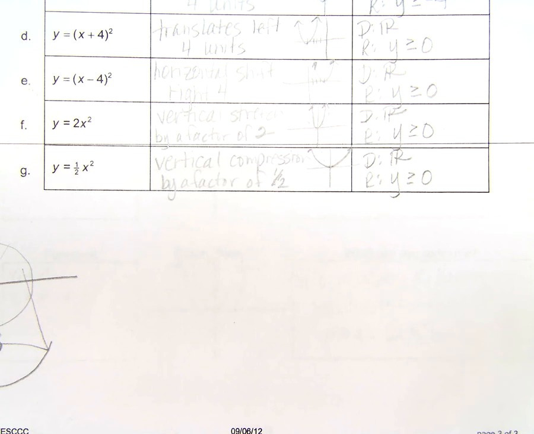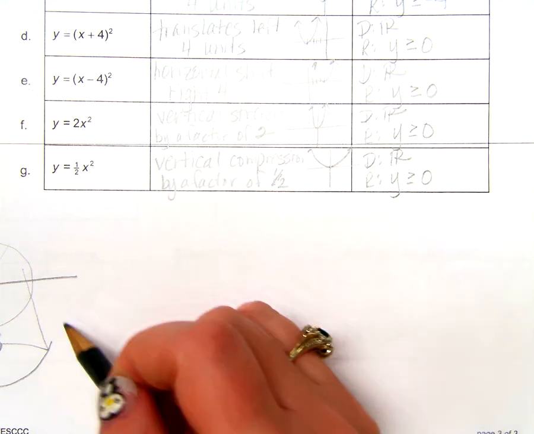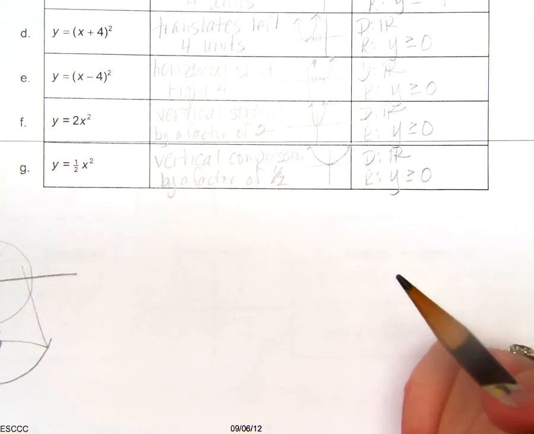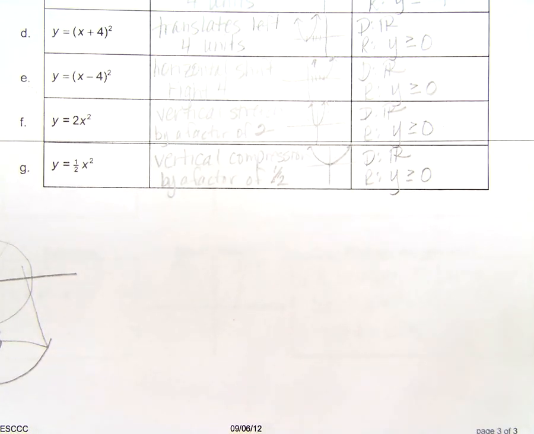That's your homework. Write it right down here at the bottom. Can you think of a parabola that doesn't have a domain of all real numbers? And then defend your answer. Any questions about that?